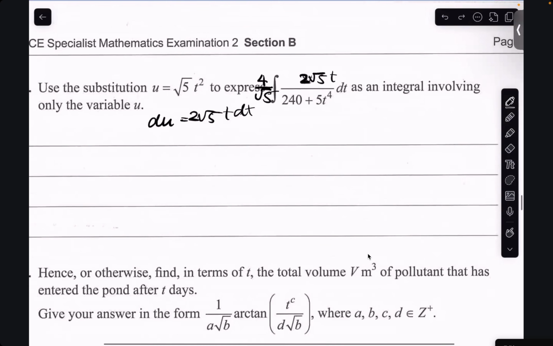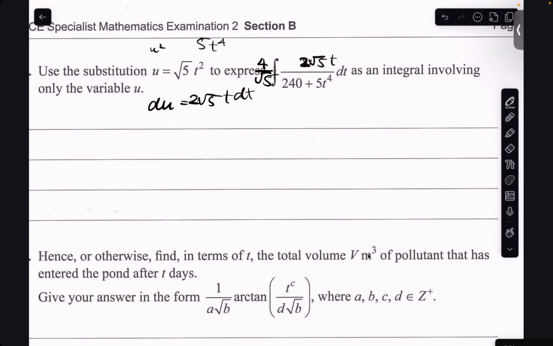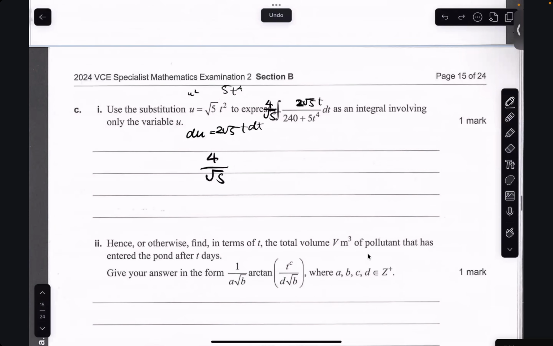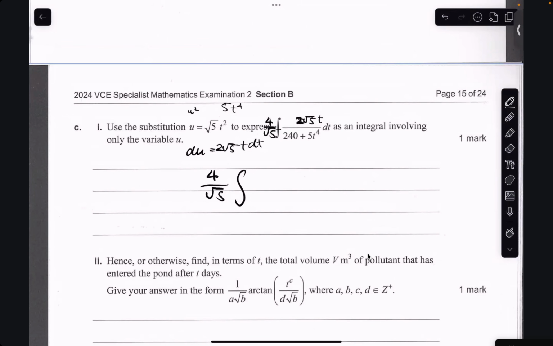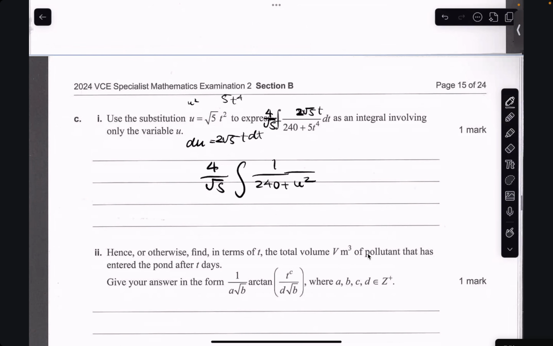Okay, so that's the du that we needed. Now if we square both sides, u squared is 5t to the power of 4. So it will be 4 over root 5 integral of 1 on 240 plus u squared du.